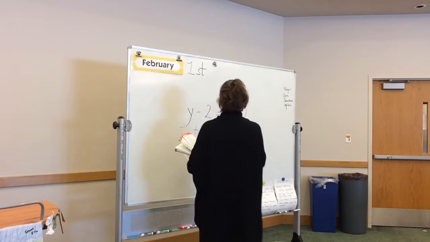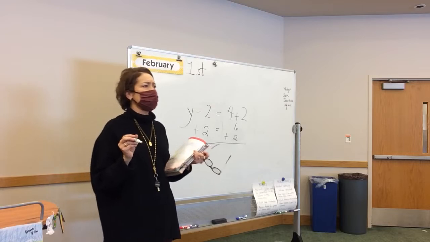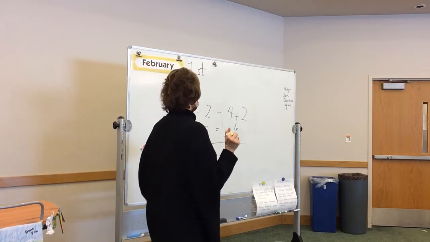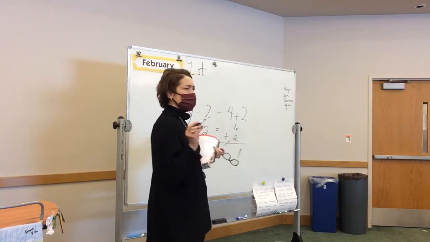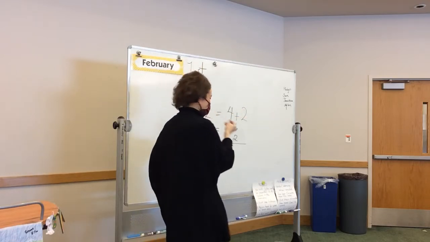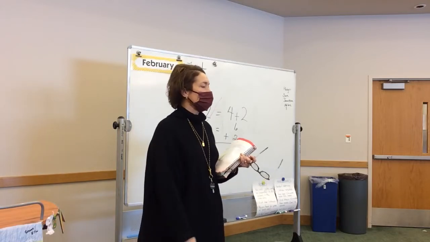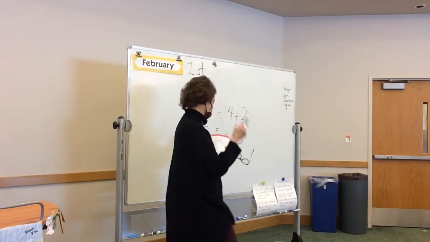So what is going to happen with the 2's? What can we determine? You just put a little mark through them and get rid of them. The 2's are gone.